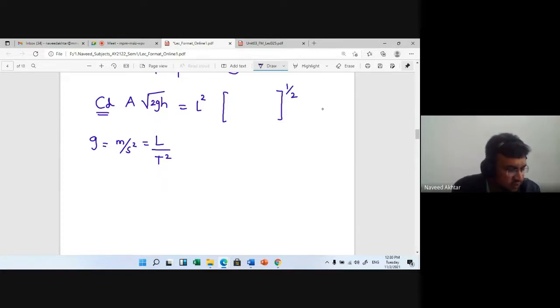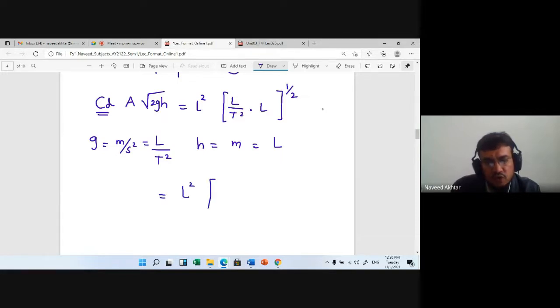And H, you know, is the head or height of liquid. You can write H in meter, so that is L. I'll put this value. Under root of 2GH means G, which is L upon T square, into H, which is L. This will be under root of L into L, which is L square upon T square.